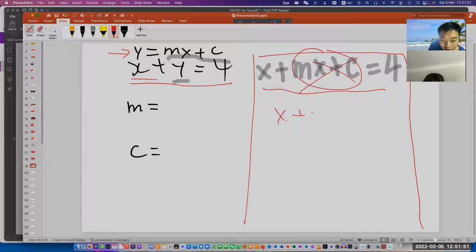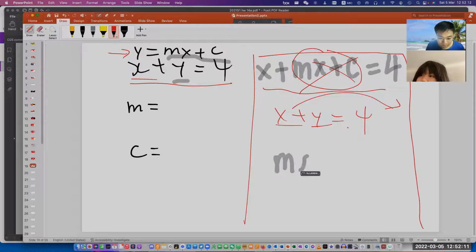While you can actually move things over. You have your y here already. You have your x here. You just move the x over. You understand me? So what do you end up with if you move the x over? Mx plus c equals to 4x? What are you talking about?